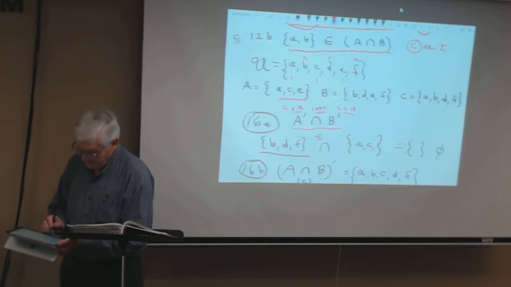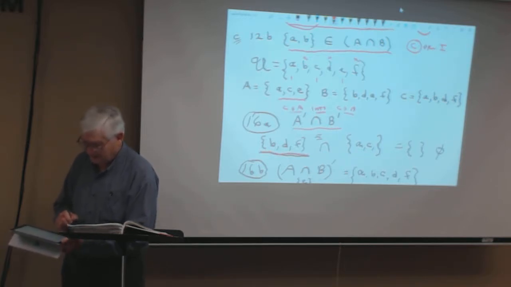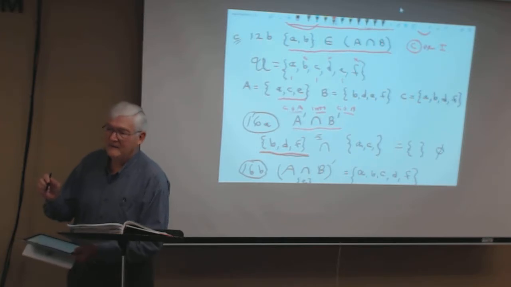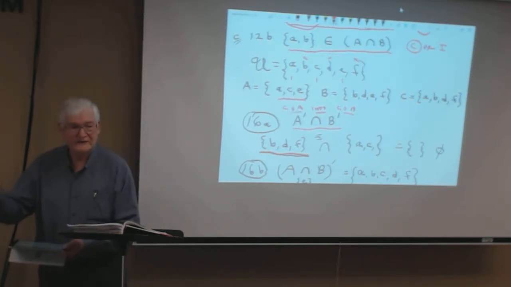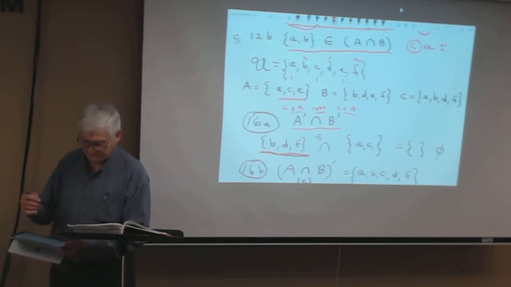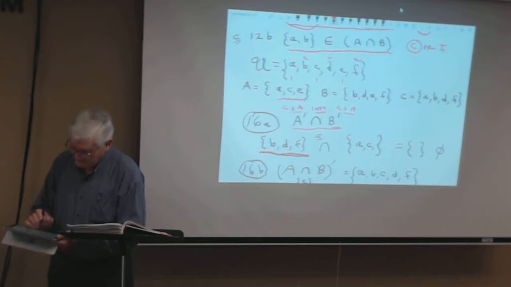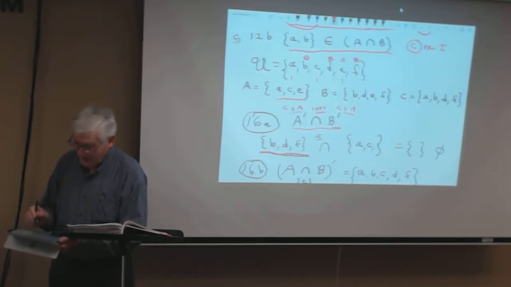So the complement of A is the set whose elements are B, D, F. The complement of a set is everything in the universe that's not in the set. So what's the complement of B? Well, B is B, D, E, F. So I come up here and go B, D, E, F. That's B. Now what's not in B?